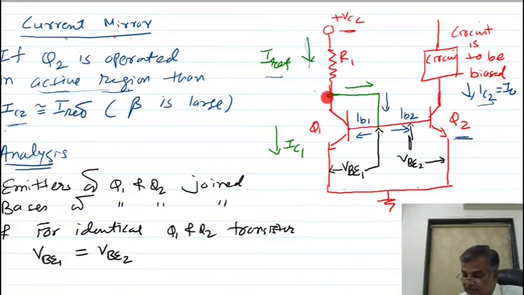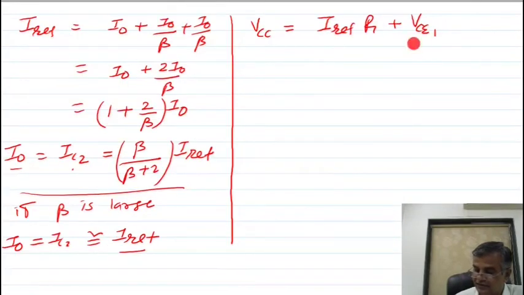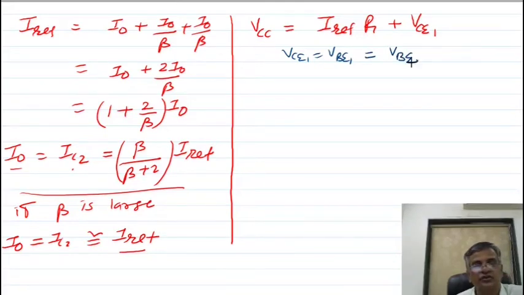Now you can see VCE1 is nothing but VBE1. So I can write in this equation VC1 is nothing but VB1, or we have written it is constant for both the transistors, so I can introduce VB.